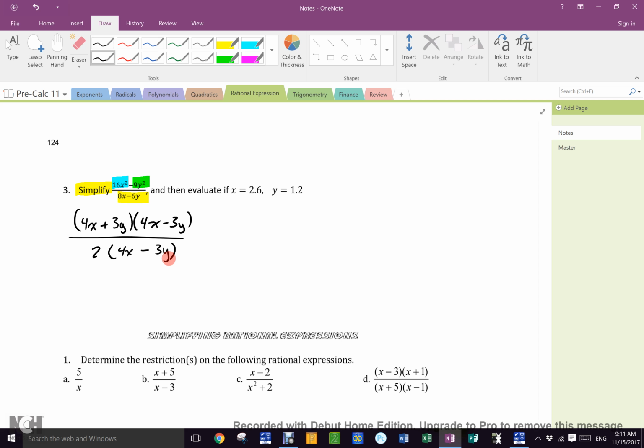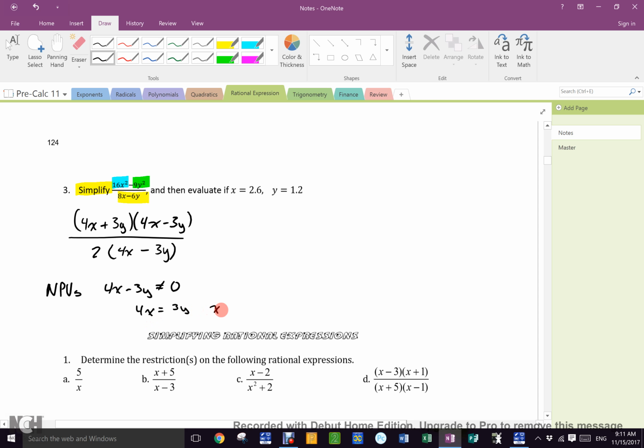So what should I check for? Non-permissible values. It's a little tricky, isn't it? Because the non-permissible values here is when that's 0, right? So 4x minus 3y cannot equal 0. Now that's weird. What's weird about that? There's two variables, correct? So 4x cannot equal 3y, yes?